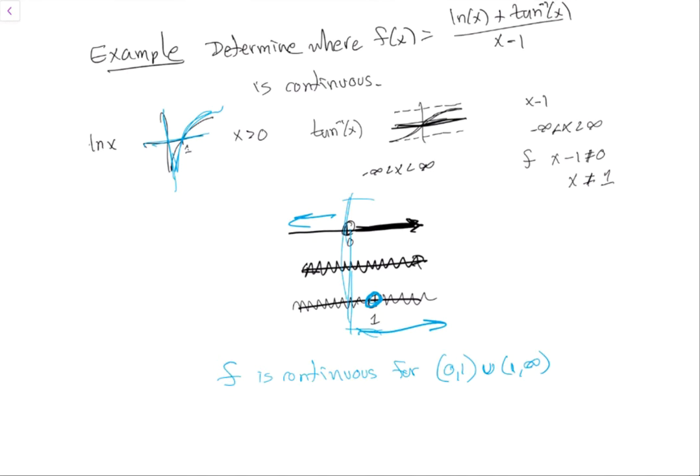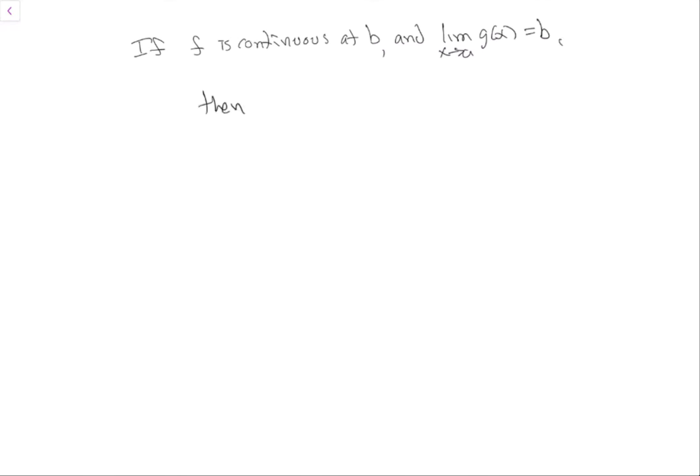So now that we've discussed this continuity, one other thing that we can build to is another property of limits. So if f is continuous, I'm going to state this in a generic manner, very general. If f is continuous at some number b in its domain, and the limit of g as x approaches a equals b, then the limit of f composed with g as x approaches a equals f at b.